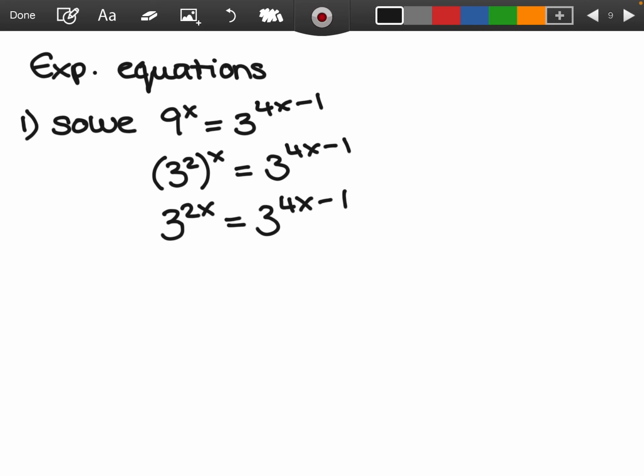So that way I'm going to end up with that same base on both sides. Okay, so I get 3 to the power 2x is equal to 3 to the power 4x minus 1. Well, in order for those two sides to be equal, I know that the powers have to be equal to one another. And if I rearrange that, I get 1 is equal to 2x and x is equal to 1/2.